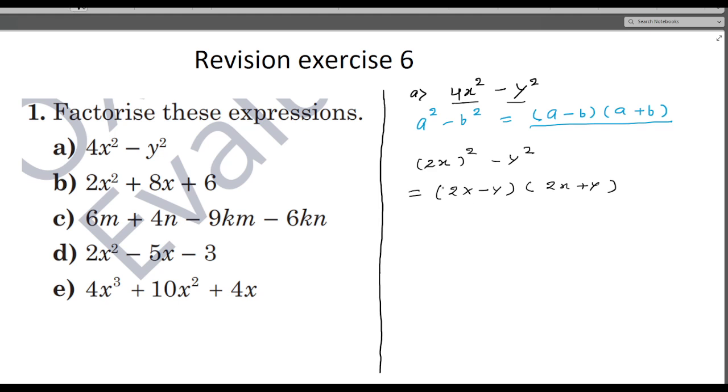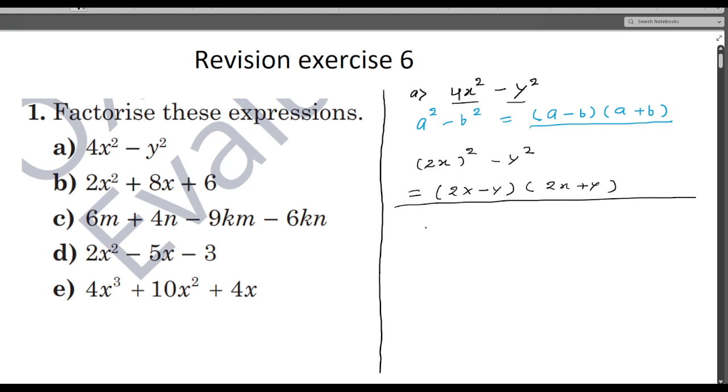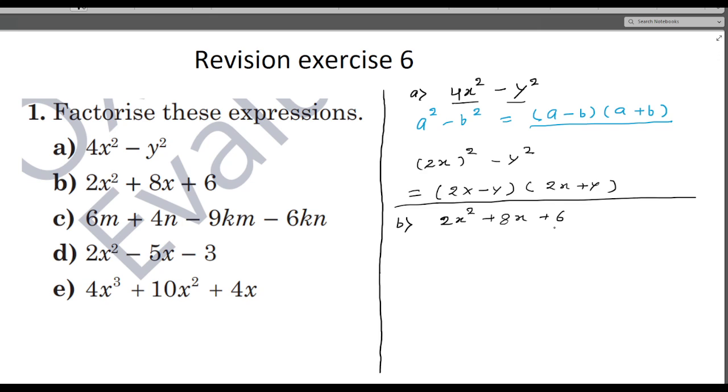Let us do question B. Here you see that three terms are involved: 2x square plus 8x plus 6. The first thing you have to see is whether there is any common factor in 2x square, 8x and 6. Easily you figure out that 2 is a common factor.